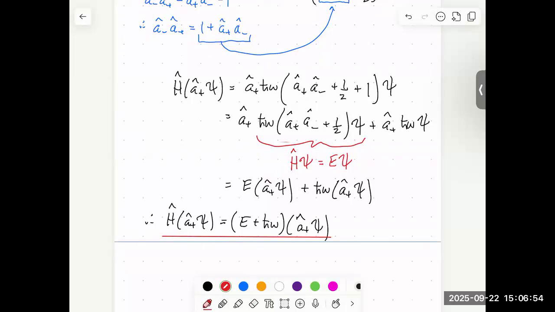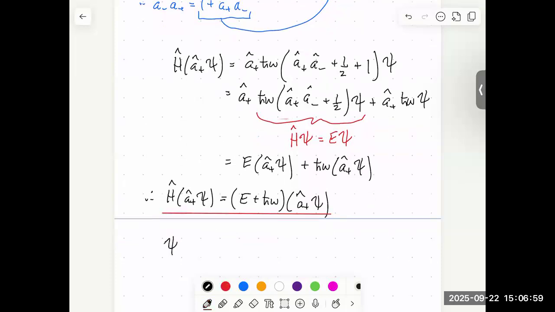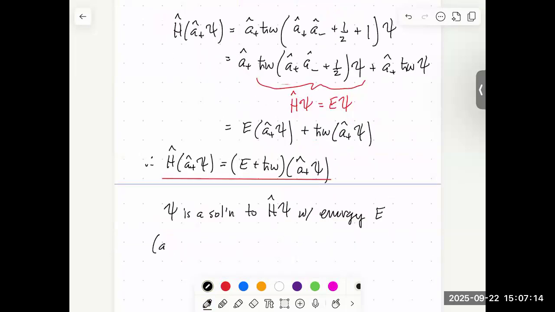It had an energy E. So psi is a solution to H hat psi with energy E. And what we've just worked out is that A plus acting on psi is a solution to our time-independent Schrodinger equation, and it has an energy E plus H bar omega.